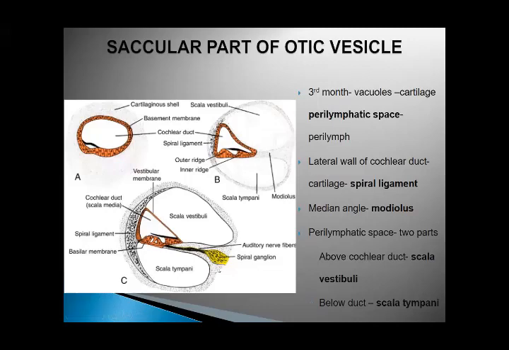These two parts are called scala vestibuli, which is lying above the cochlear duct, and scala tympani, which is lying below the cochlear duct. ये cochlear duct है. Below the cochlear duct, you have scala tympani. Above the cochlear duct, you have scala vestibuli.